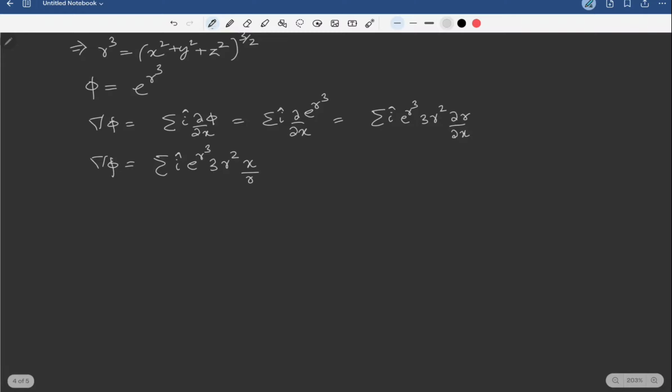So by solving this, r and r get cancelled, and 3 and all these terms come outside, so we write 3 e raised to r cube into r into summation of i cap x. So we get grad phi is equal to 3 into r into e raised to r cube into r vector. So this is the final answer.